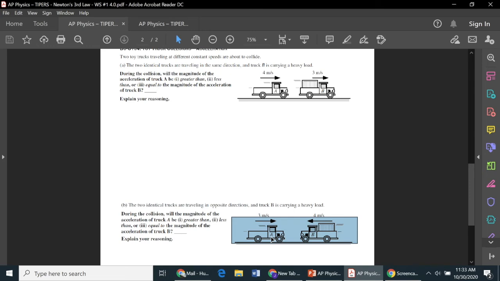But regardless, both objects will experience the same size force, no matter what the size of that force actually is. If we took these objects and made them move at 300 meters per second and 400 meters per second, obviously the force that they would experience would be bigger, but they would each still experience the same size force. And that's a very important point.